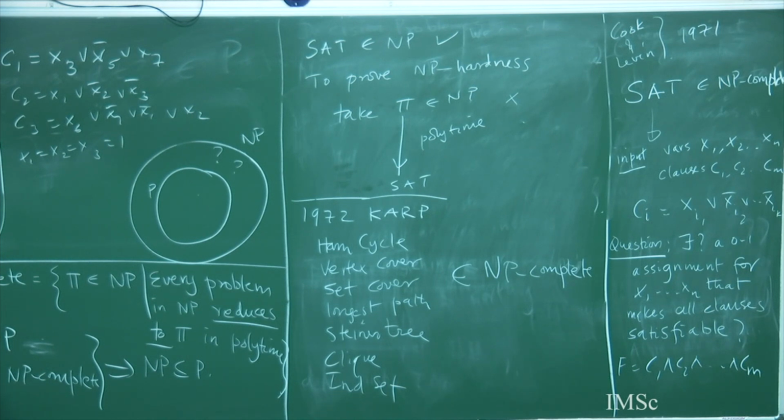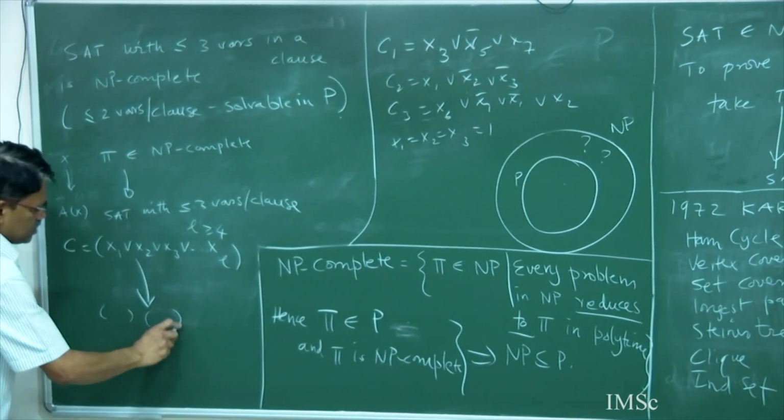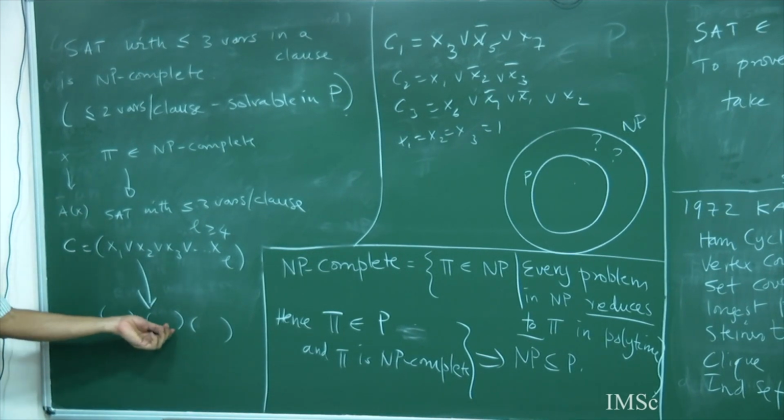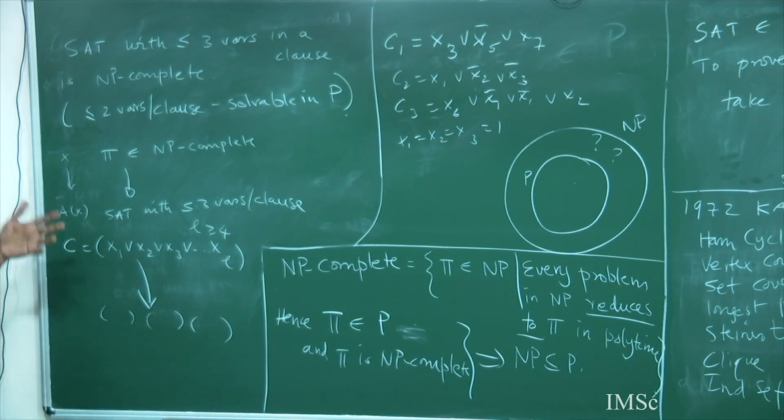Okay. I want to reduce it to some number of clauses with at most 3 variables each, but I want to maintain the sanity that this is satisfiable if and only if that is satisfiable, and then I will do this for every clause and then I will be done.